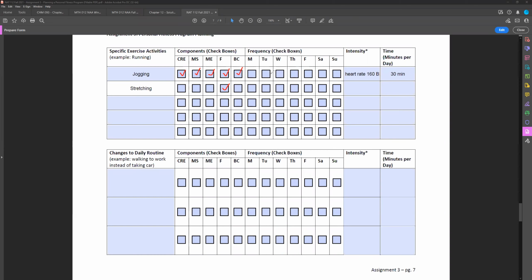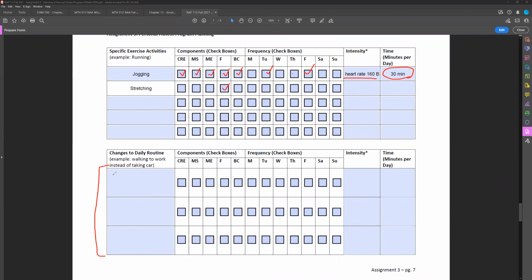But I could say I'm going to jog on Tuesdays and Fridays, something like that. I mark my intensity, getting my heart rate up to 160 BPM. I'm going to do it for 30 minutes on those days. You fill out this table, and I've made it so you do the exact same thing down here for your changes to daily routine.